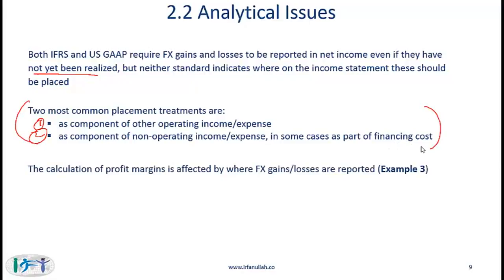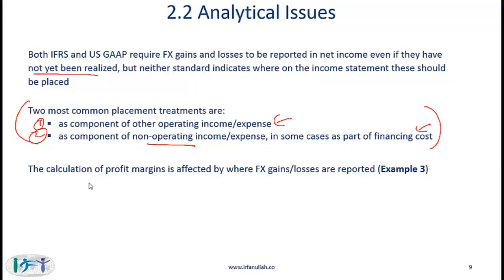With this point, notice that given the subjectivity, there is work for an analyst to do when comparing two different companies. If one company is reporting the transaction gains and losses in the operating part of the income statement and another is reporting numbers in the non-operating part, then clearly adjustments have to be made before a comparison.